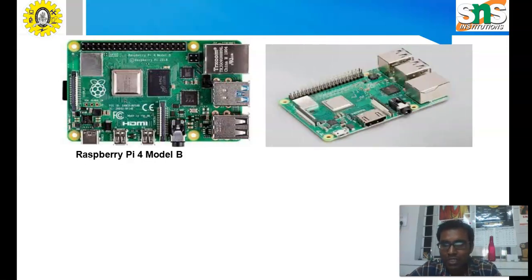The second most important model used for different types of IoT applications is the Raspberry Pi 3 Model B/B+. Here the quad-core Cortex used is the A53 CPU, and its clock speed ranges from 1.2 GHz to 1.4 GHz.